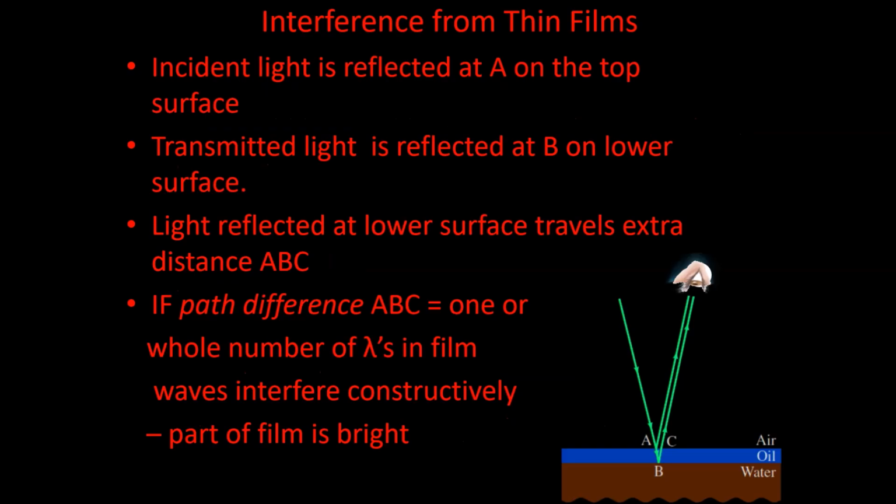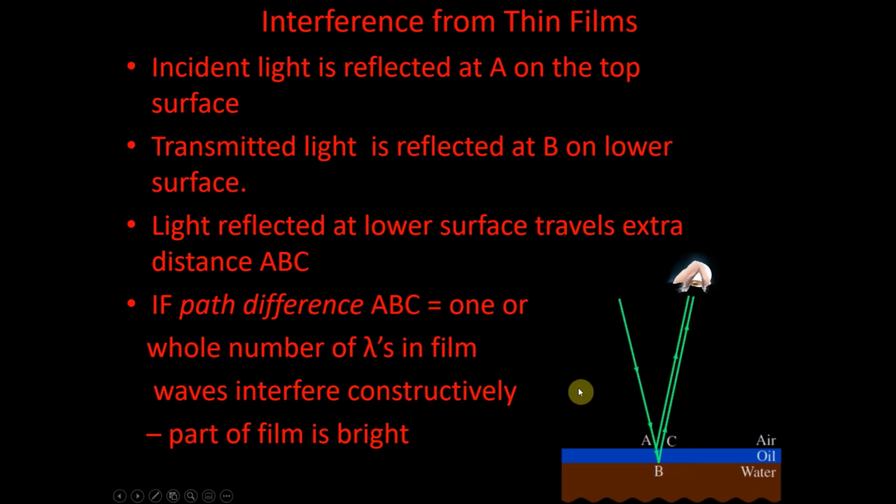So the incident light is reflected at A here from the top surface, from the oil, and then the transmitted light goes through and then reflects off of B. So our initial reflection occurs from A, our second reflection occurs as the light passes through medium A, through the oil, and bounces off medium B, which is the water.